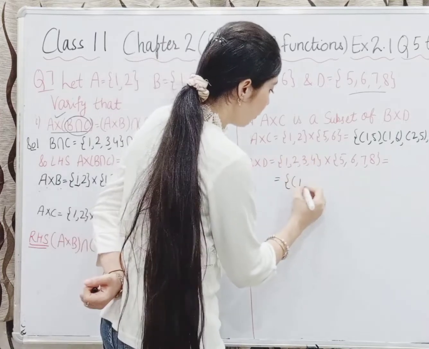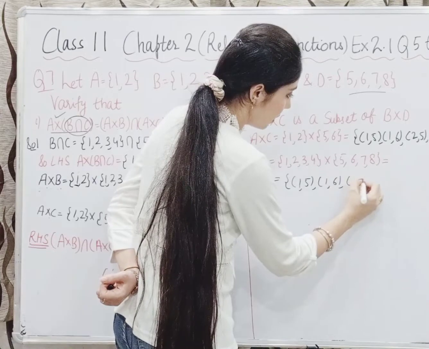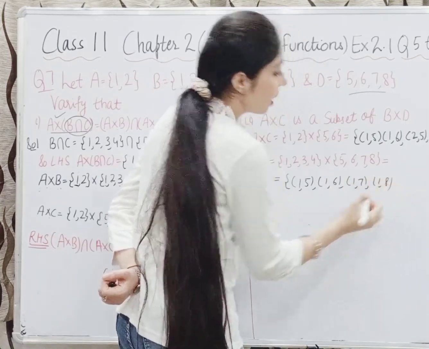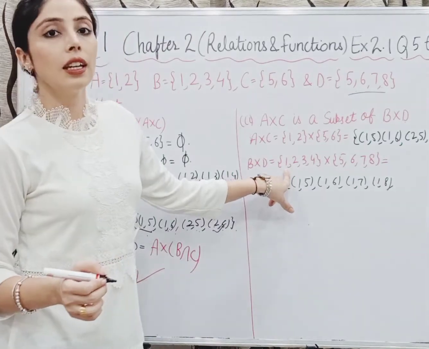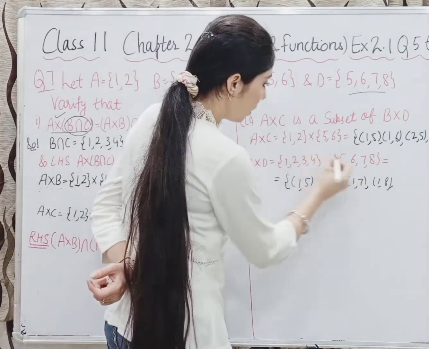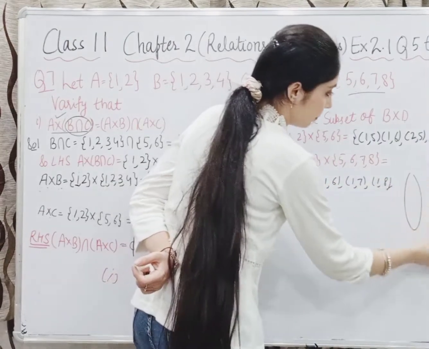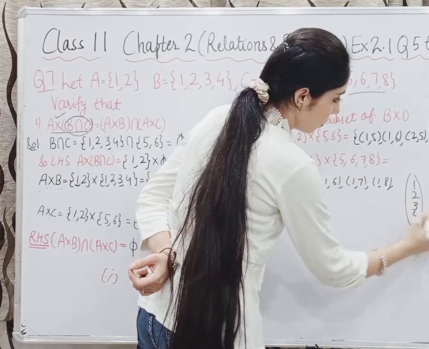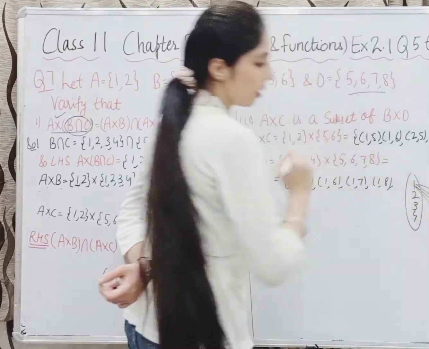These will be (1,5), (1,6), (1,7). We are writing all the components of the first set with the components of the second. Okay. So this will be (1,5), (1,6), (1,7), (1,8) like that. So we will write these 4.